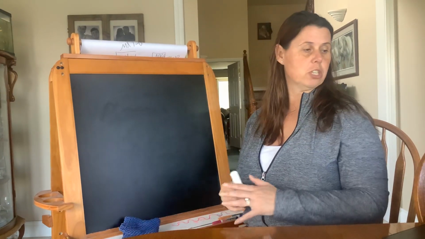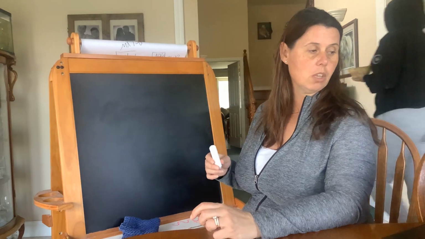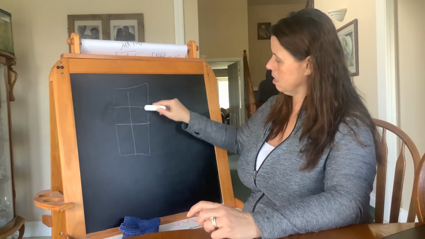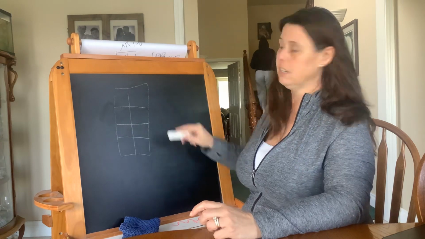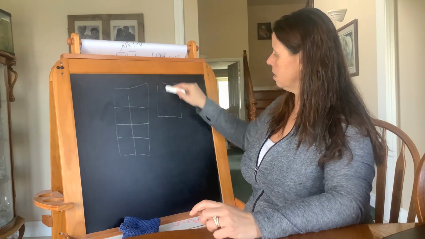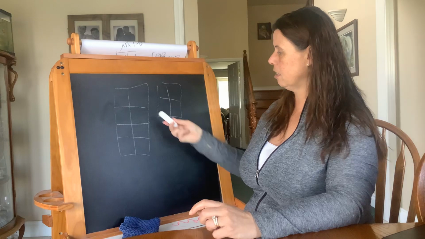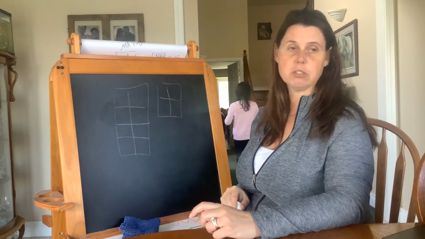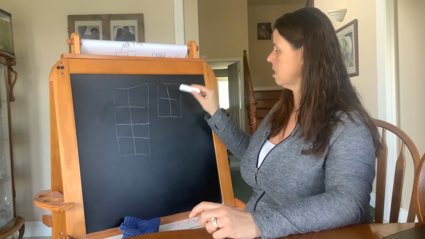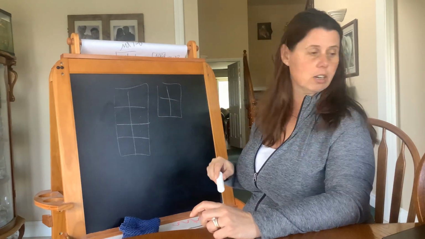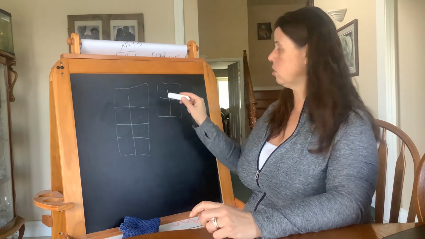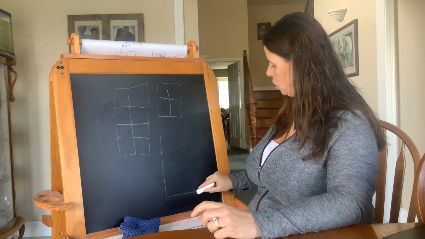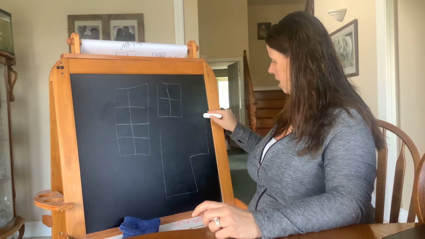Okay? First question, super easy. They show you a thing that looks like this and a thing that looks like this, right? They ask you what the area is. 1, 2, 3, 4, 5, 6, 7, 8. All you have to do is count the boxes. Count the boxes here, add them together to get the total area of the whole thing, and then they show you a shape that looks like that.